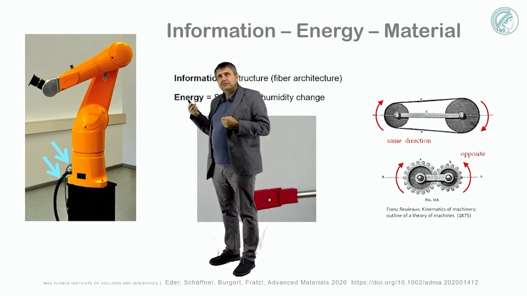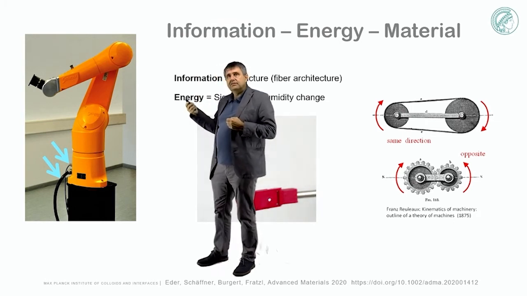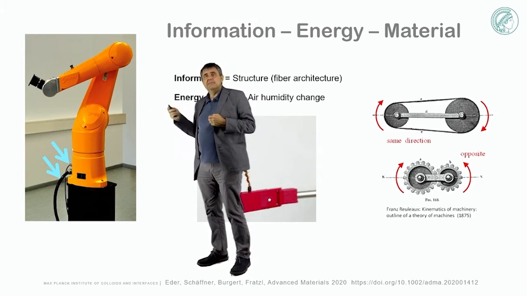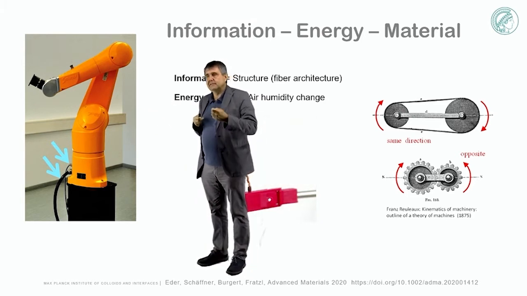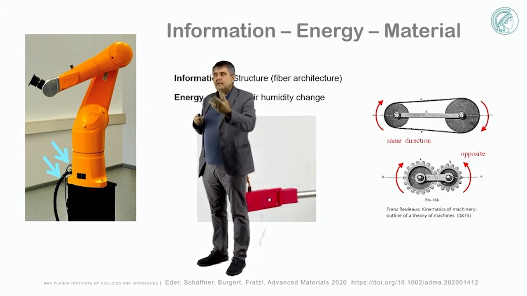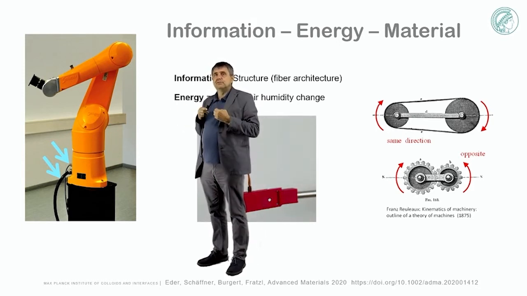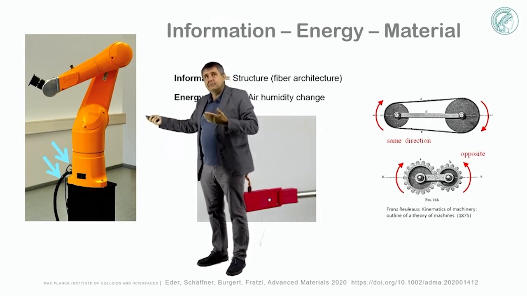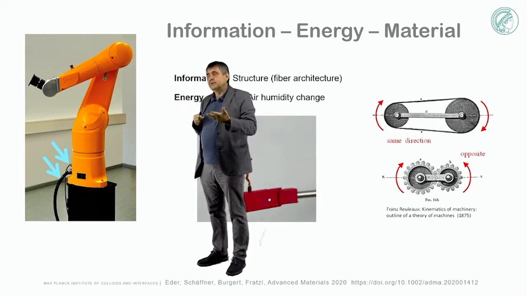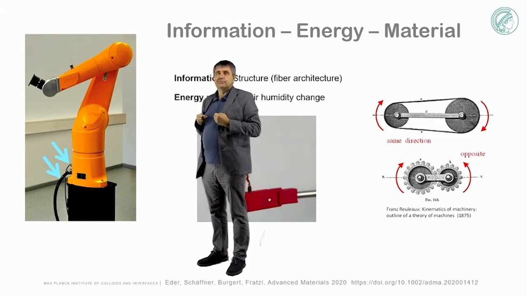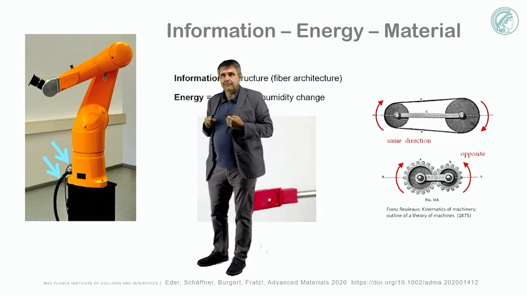And the information for the movement is brought by a cable, namely from a computer that tells the robotic arm by how much each of the motors should be moved in order to perform the desired movement. And a second cable is required that brings the energy for the movement.